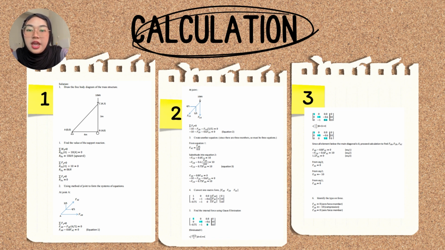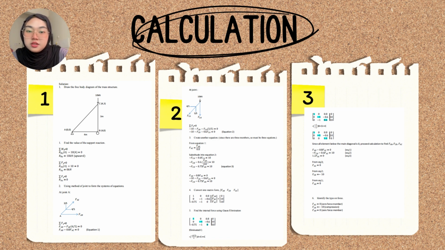As you can see, at point A there is a pin support, while at point B is the roller support. At point A there are two reactions, RAX and RAY, while at point B there is only one reaction, RBY.